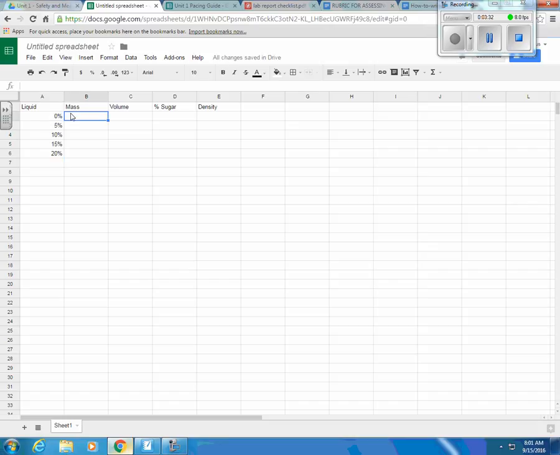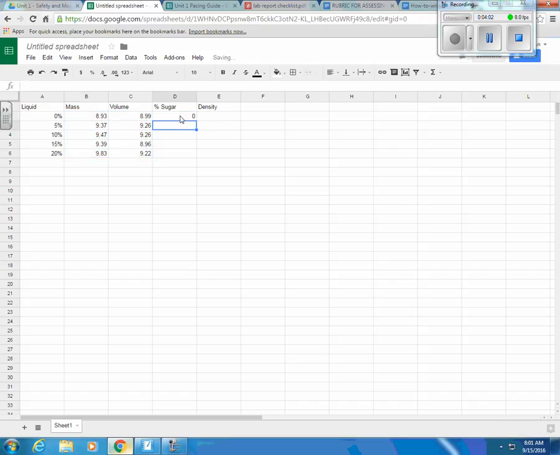Through the course of doing this experiment, these masses are what I got, and when I found the volumes, it was these right here. These numbers are just whatever you found, however much liquid you put in each graduated cylinder and how much mass that was on the scale.